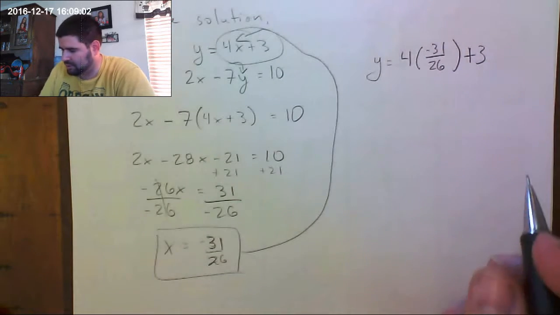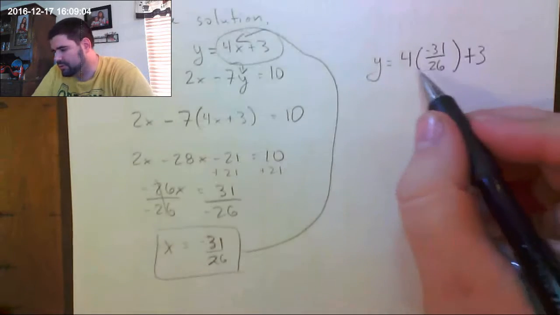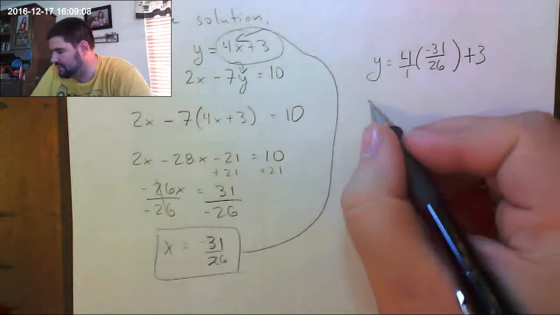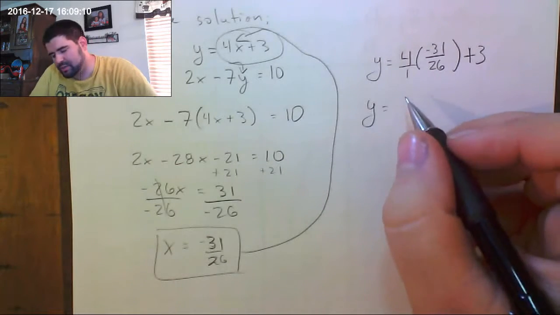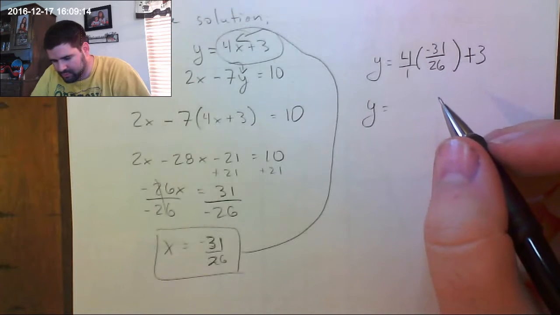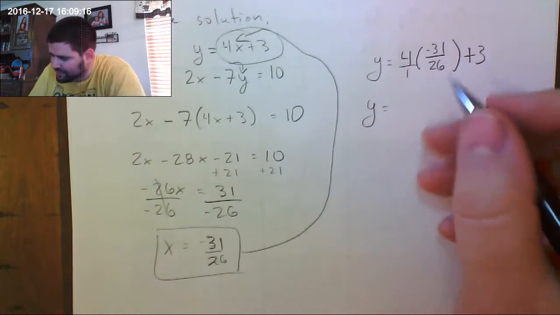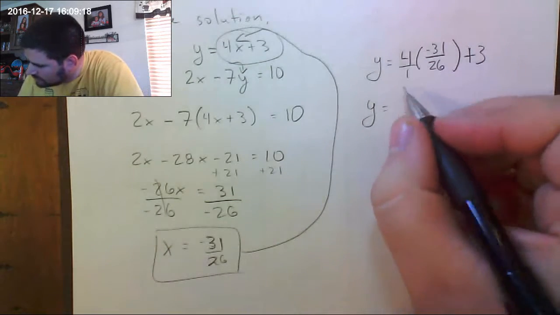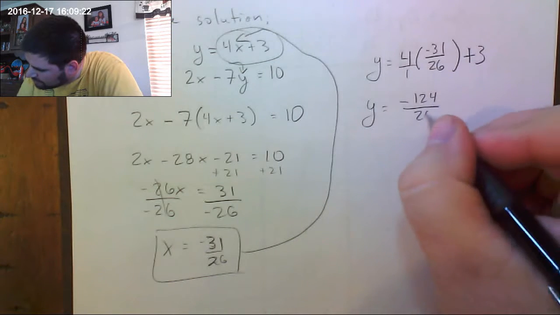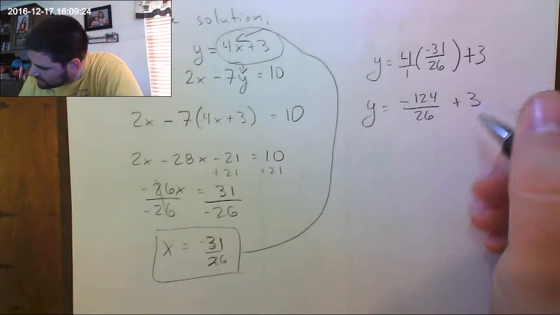Oh dear. So I just have to remember that these are two fractions, and I multiply across. Y equals negative 31 times 4, and that's going to be negative 124 divided by 26 plus 3.